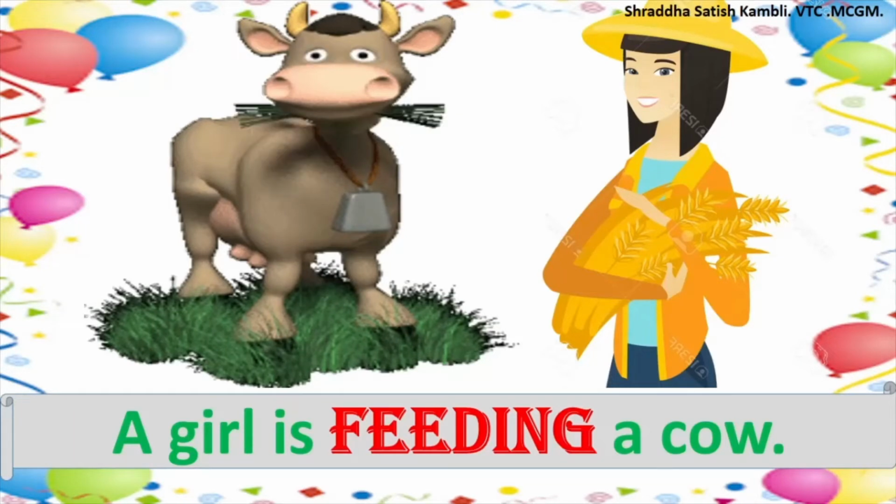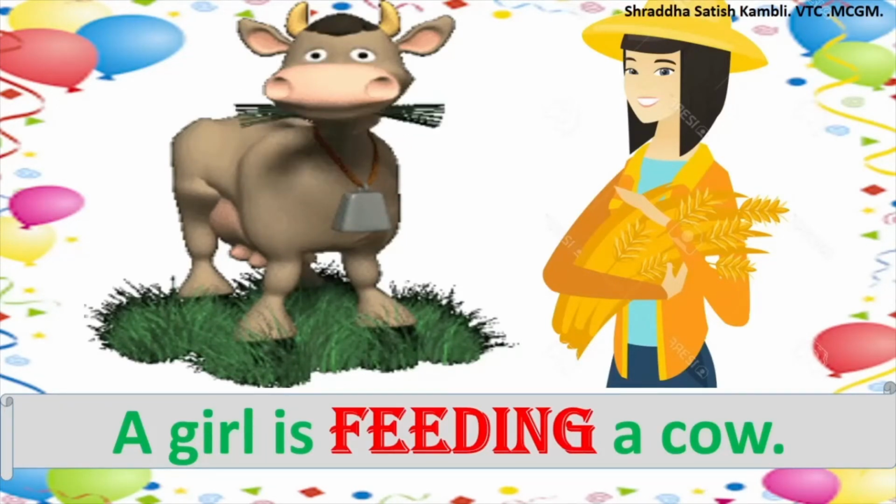Look at the spelling of feeding. F-E-E-D-I-N-G. Feeding. So sometimes when we are not well or when we were younger, who used to feed us? Our mothers used to feed us, isn't it? So a girl is feeding a cow.